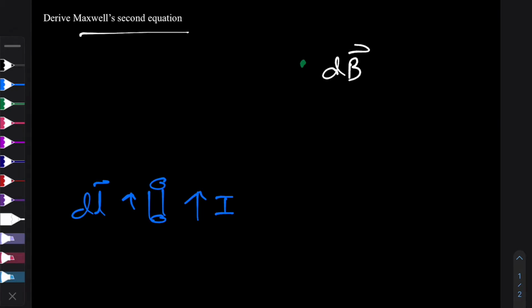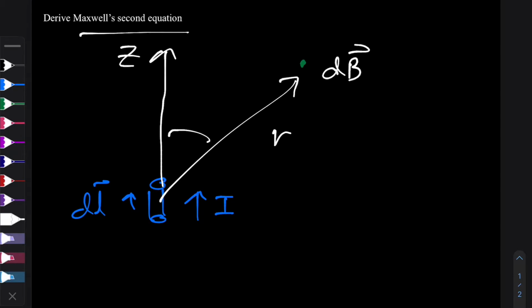So say the point is r away, and let's make a little z-axis that goes straight through the wire. And you have this angle here, theta, and the other angle, phi, which is an angle about the z-axis, would be going either into or out of the screen.